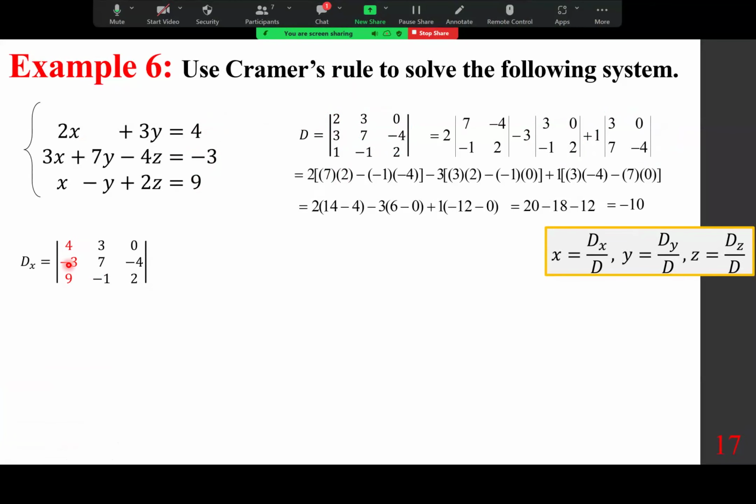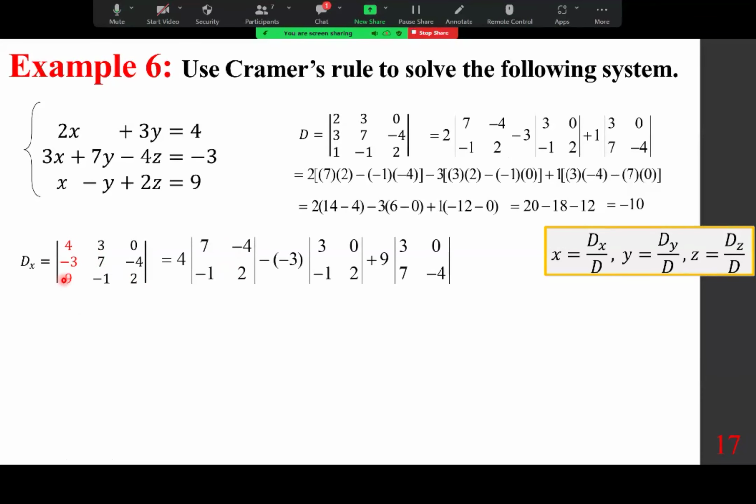And we're going to expand with respect to this. So 4, again, the first entry, this one is positive. So cross this out, this is what is left. So take a look at this one. Just look at the first one. 4 times, cross this out. Well, let me actually do this. Cross this out, right? We have this one.